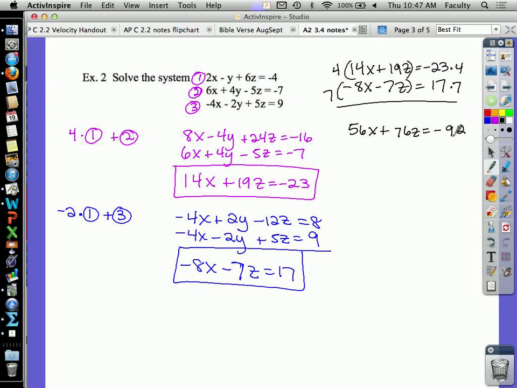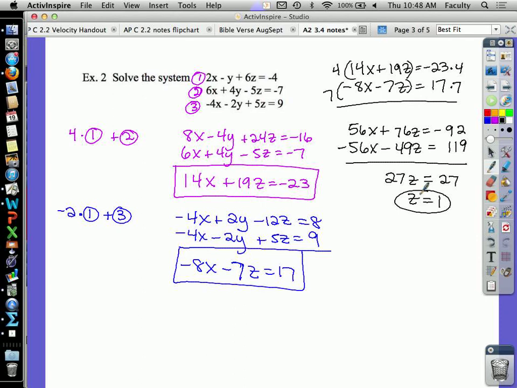So that's a negative 92. 17 times 7. 7 times 7 is 49, carry the 1. So I'm adding those and I'm getting 27z equals 27. Oh, that worked out nicely, didn't it? So z is 1.